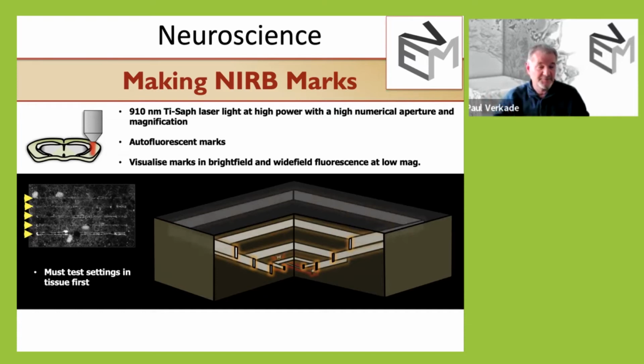We need to analyze that volume. Normally you would put an X marks the spot. That, of course, in this case would not have been a good idea, because then we would have burned away our neuron of interest.